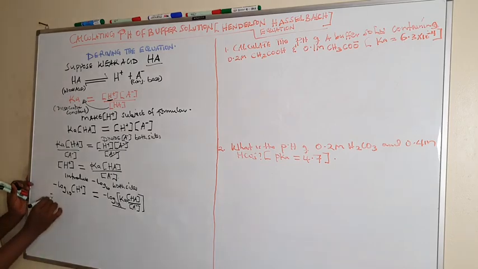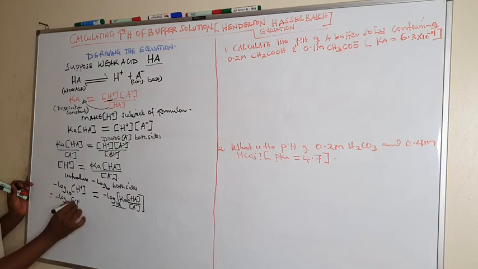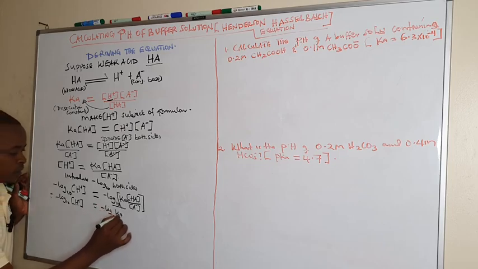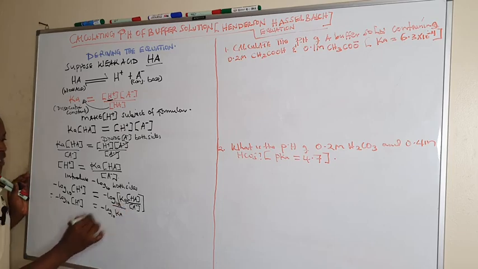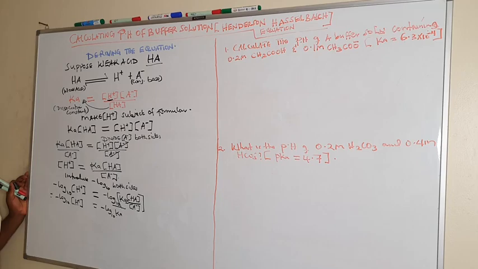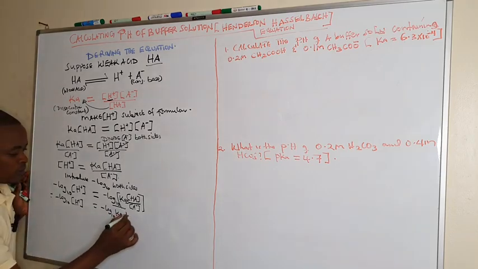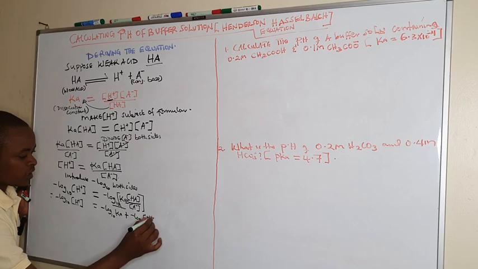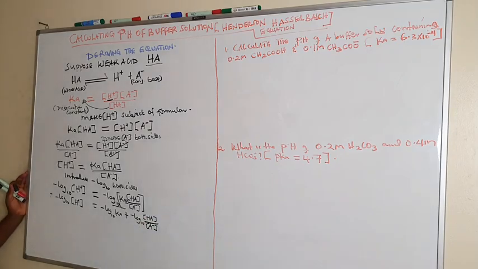So we are going to get negative log base 10 of the concentration of hydrogen ion equaling negative log base 10 of Ka, plus negative log base 10 of the concentration of the weak acid divided by the concentration of the conjugate base.